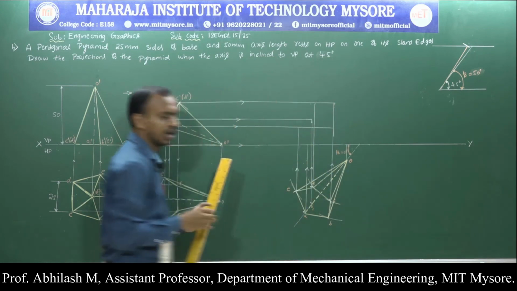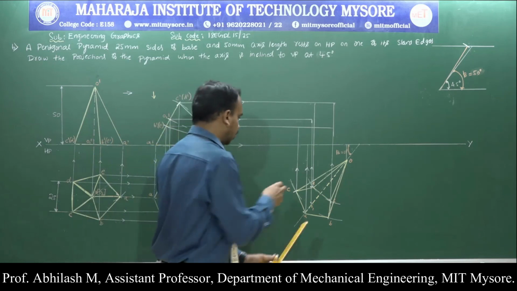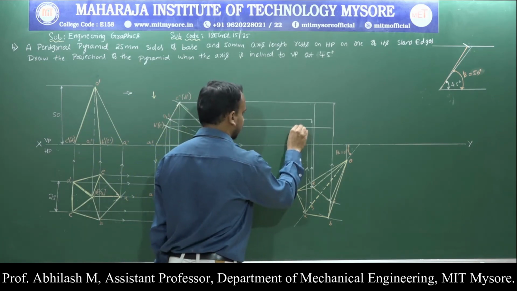Let us identify the points first and then complete the final position. So here we have E and E dash.